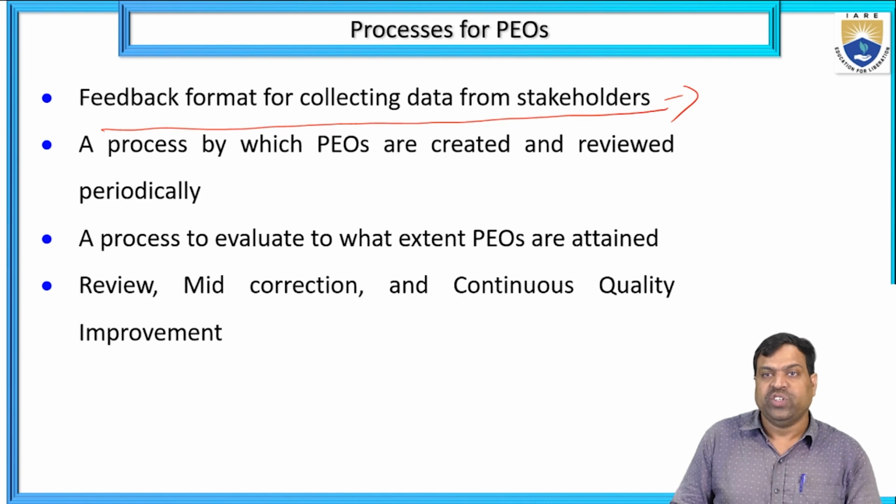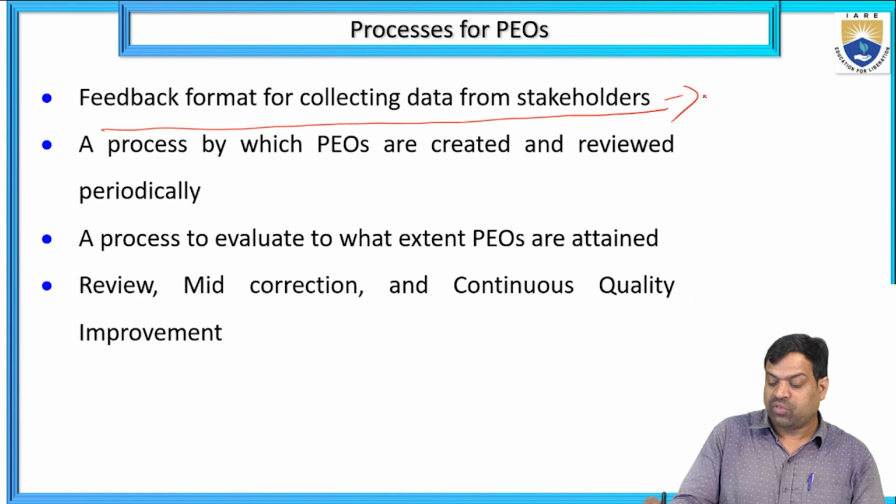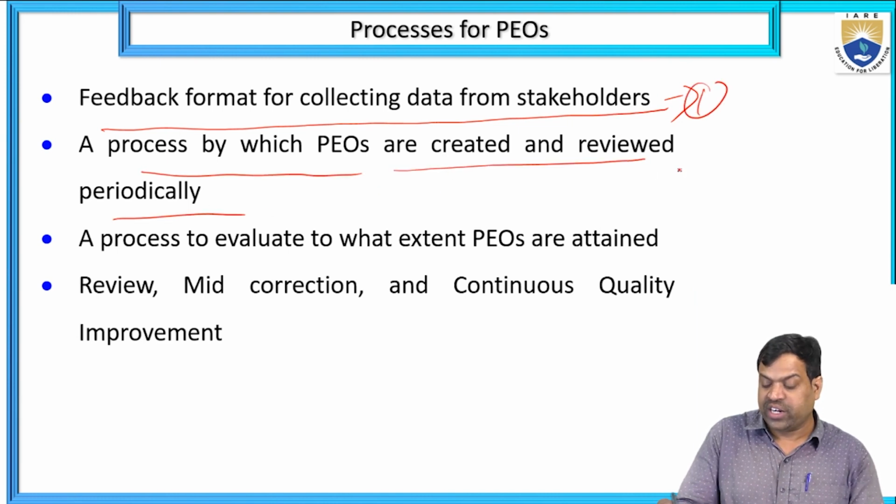A process by which PEOs are created and reviewed periodically, and a process to evaluate to what extent PEOs are attained, with review, mid-course correction, and continuous quality improvement. So first, feedback is important, and then the process by which PEOs are created and reviewed.